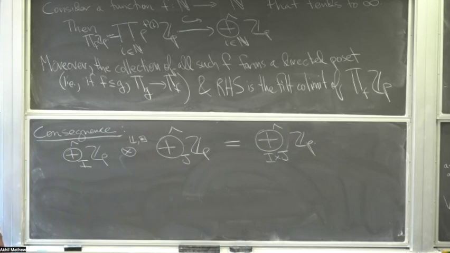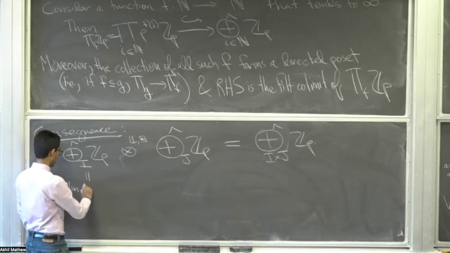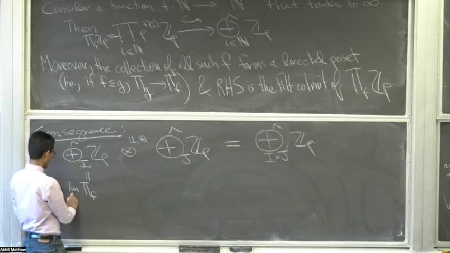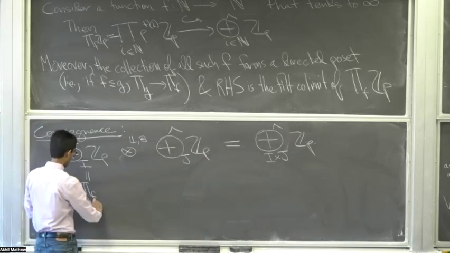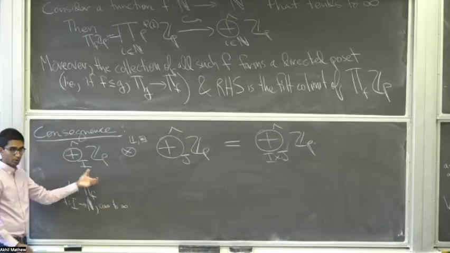And again, the strategy is, this over here is a colimit of these countable products over all f from I to the natural numbers converging to infinity. They're sort of growing very slowly.